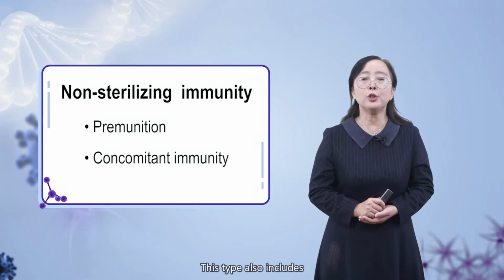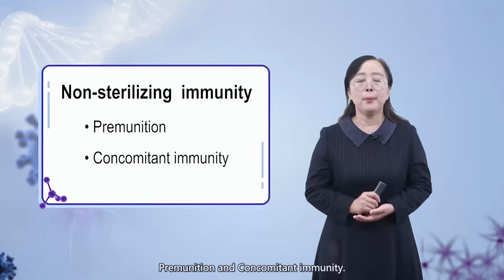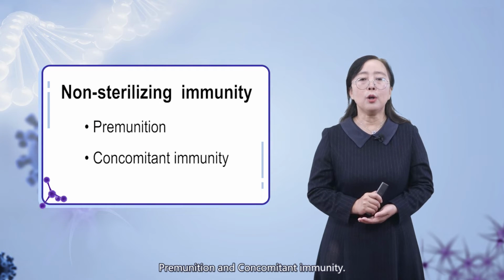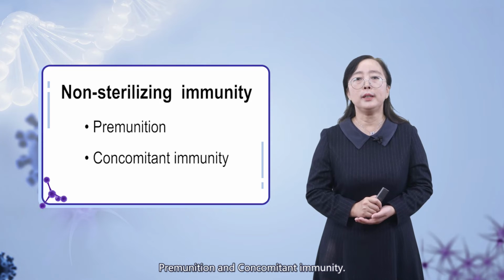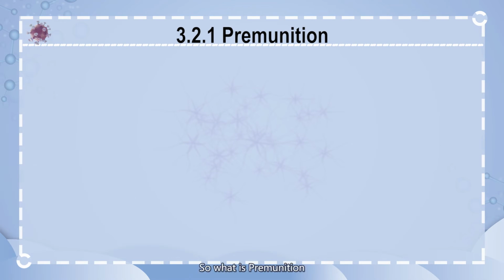This type also includes premonition and concomitant immunity. So what is premonition?